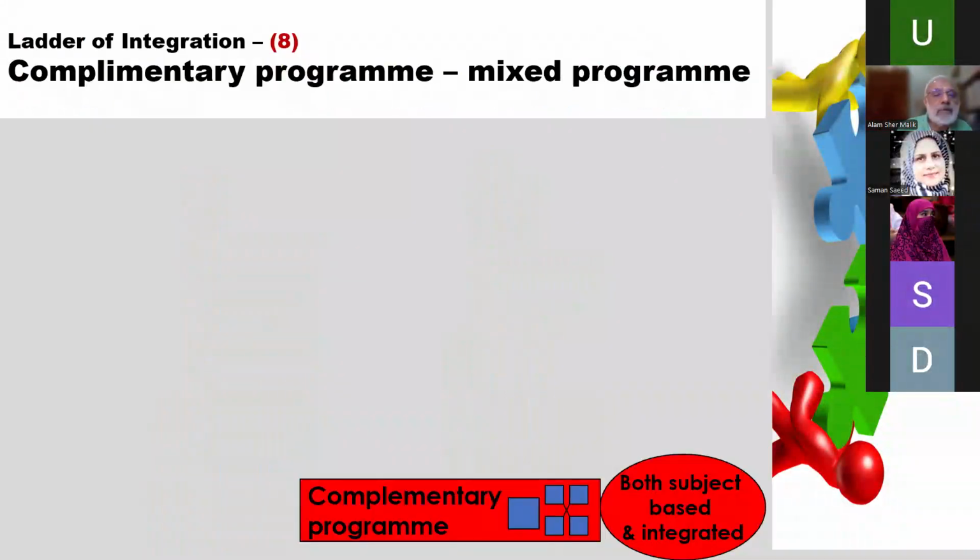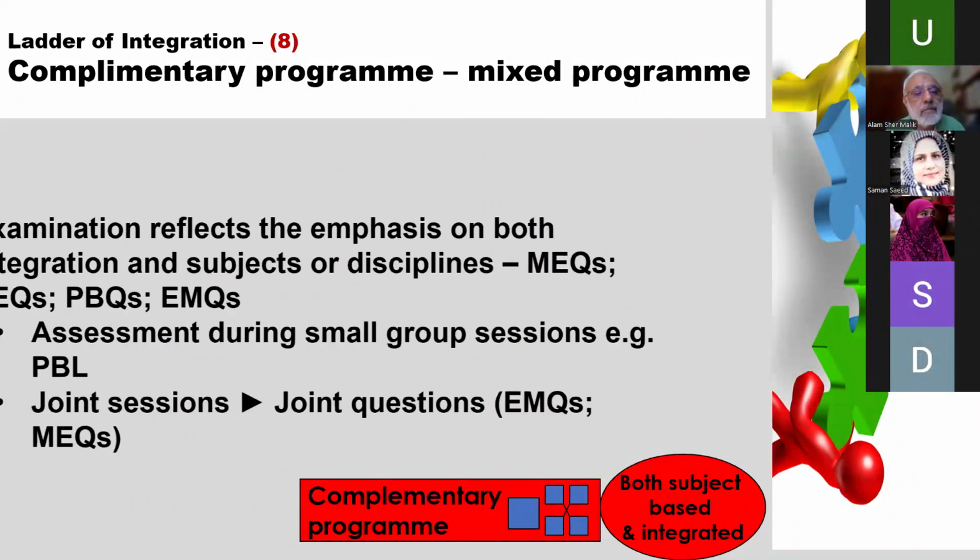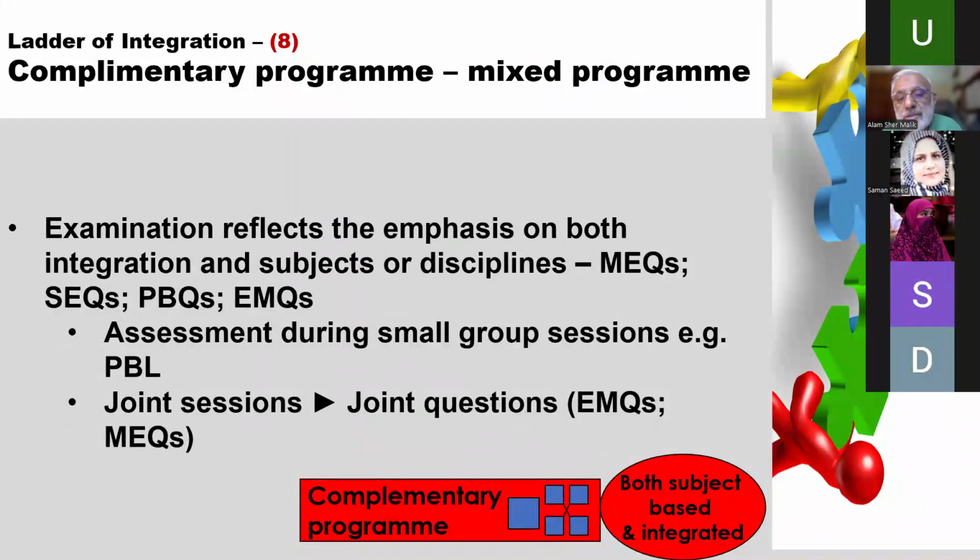Talking about the same, of course, not only the teaching, the assessment needs to follow the integration. There's no point in teaching with integration and having the assessment different. So the examination reflects the emphasis on both integration and subject or discipline based, like we would use modified essay questions, structured essay questions, problem-based questions, or extended matching questions.